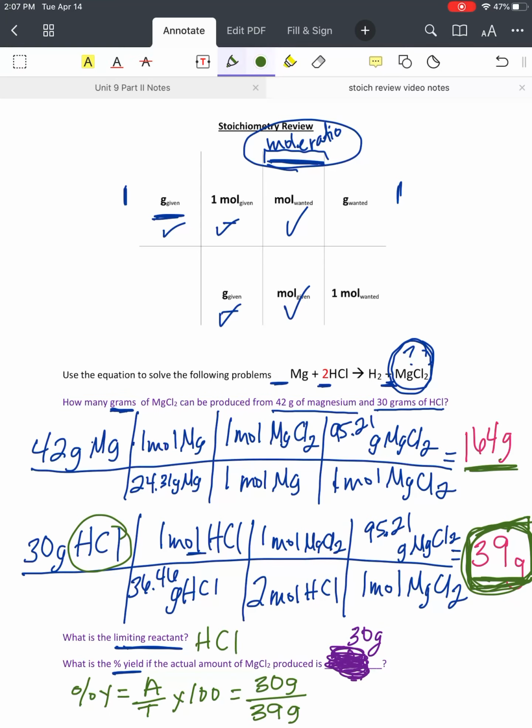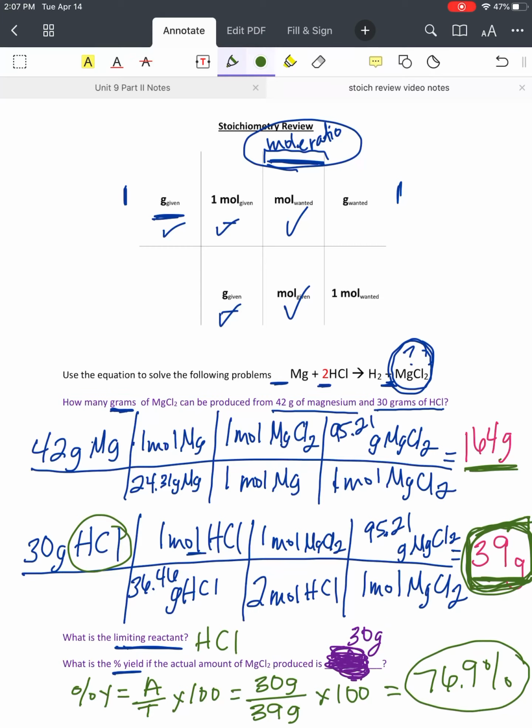I should have got 39 grams, but something happened in the lab that meant I didn't. I'm going to multiply it by 100, type it in my calculator, and I end up with 76.9%. So what that's saying is that I actually made about 77% of what I thought I could make.